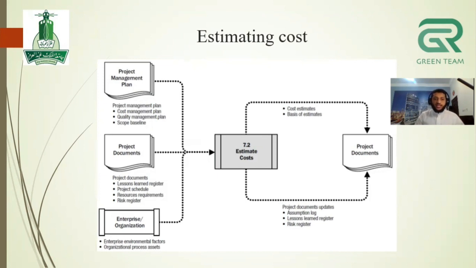The second one is project documents, and the third one is the organization input, the OPA. And combining these three inputs and using the tools and techniques, we will finally have the estimated cost for the project, and this will go to the project documents.